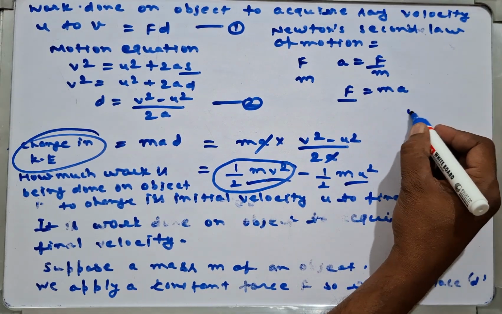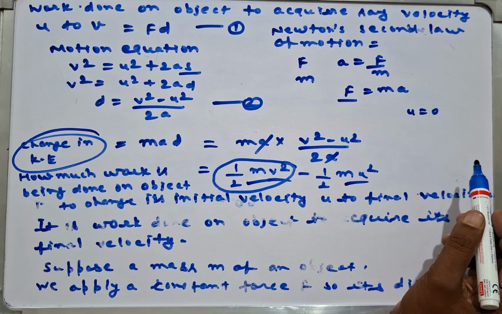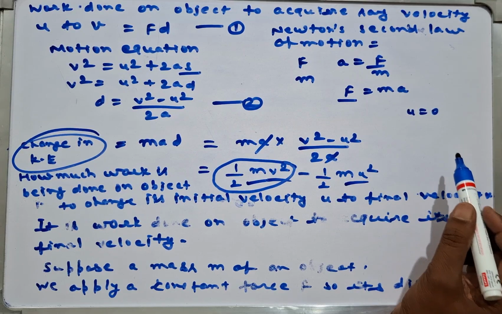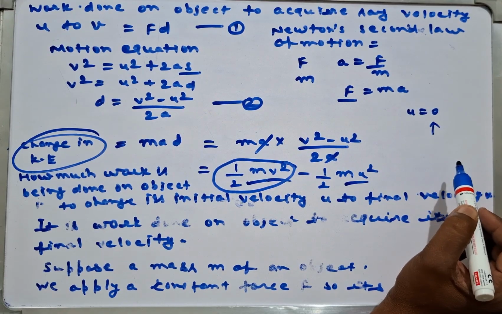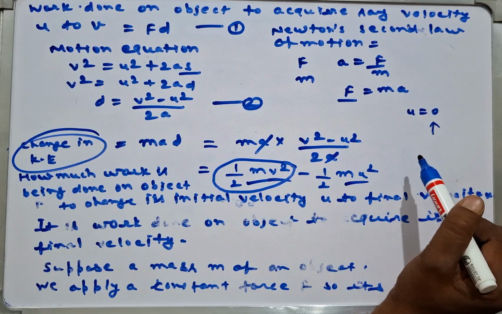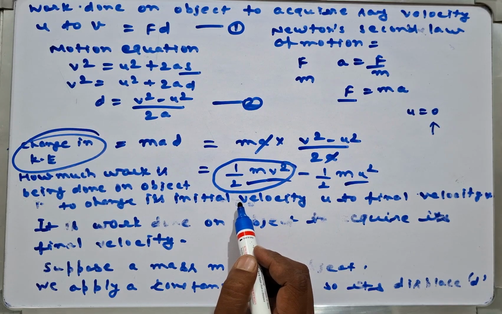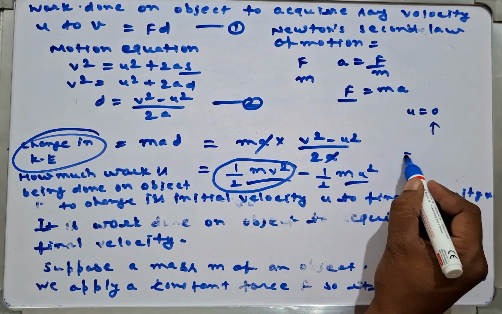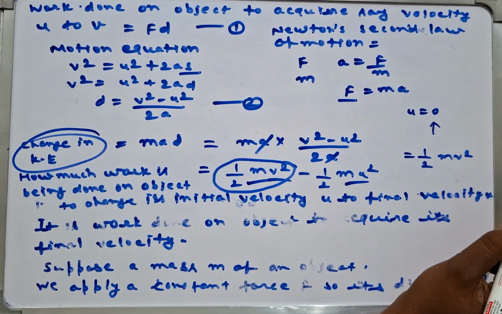If u is 0, then what you say, sir, if an object is in rest condition, then work done on the object is totally equal to the kinetic energy of the object.